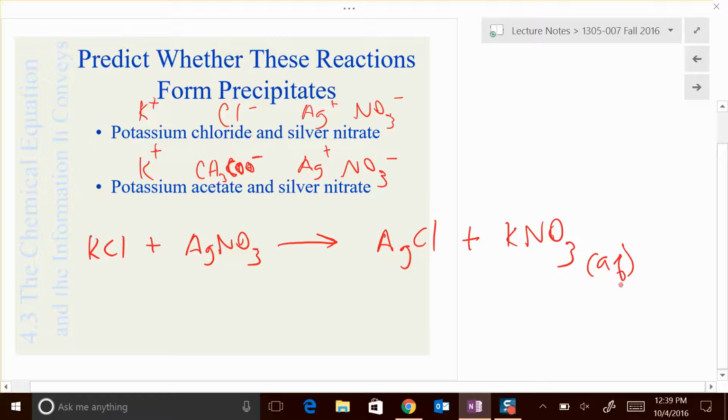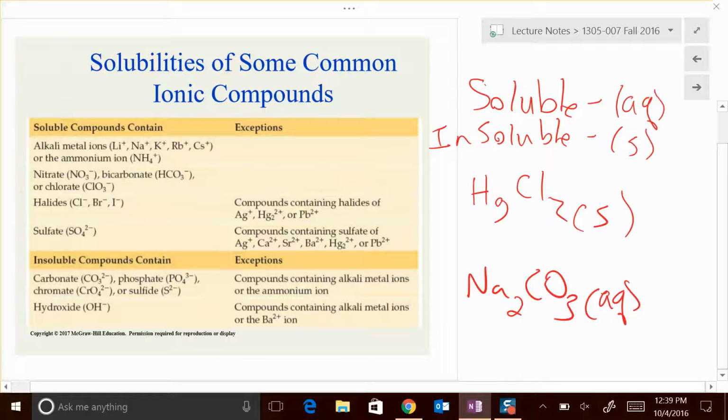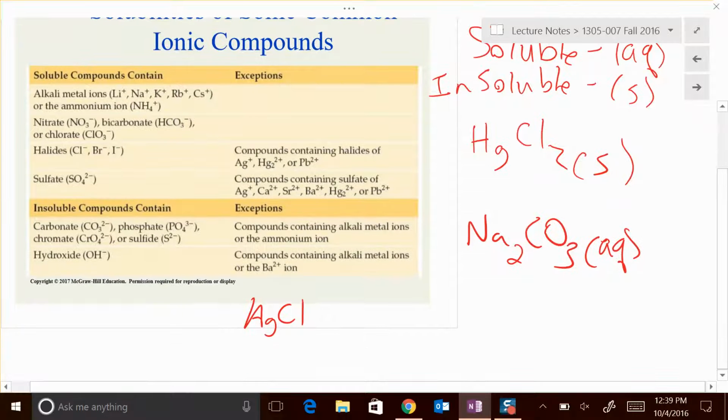So the only question that really remains is, does silver chloride form a precipitate or not? How are we going to answer that question? Look at this chart. How are we going to determine if silver chloride is solid or if it's aqueous?